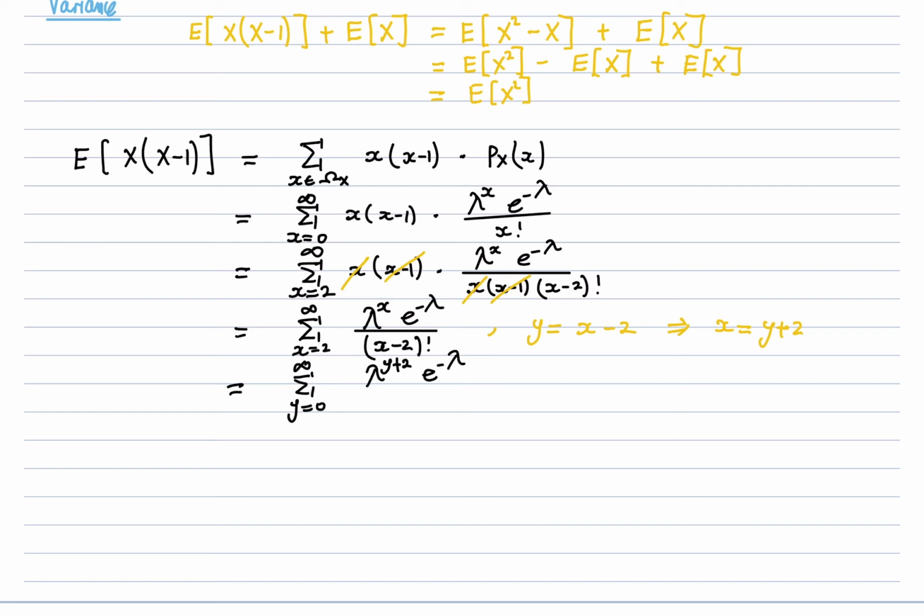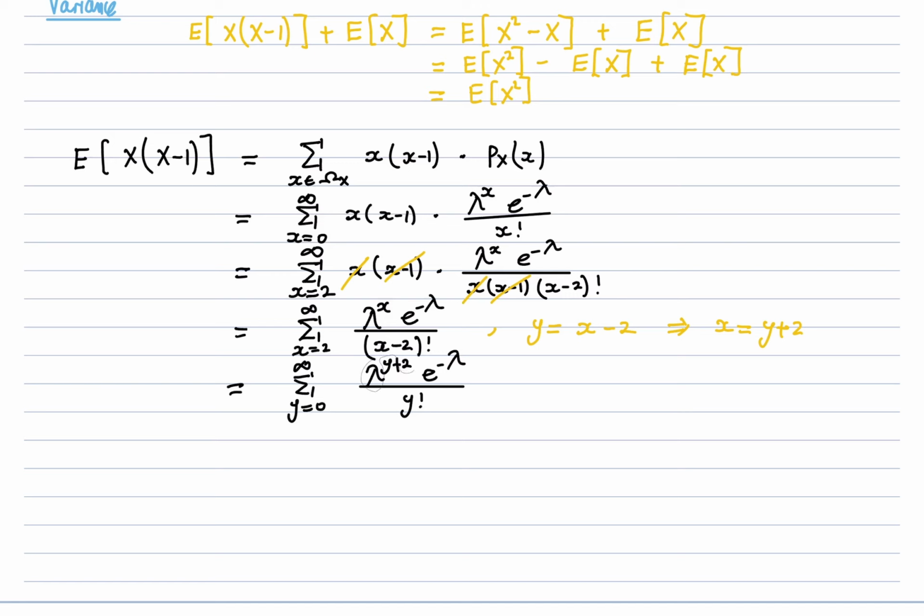Our e to the negative lambda doesn't change. And our x minus 2 factorial simply becomes y factorial. And in a similar vein to what we had before, we're almost at the stage where this looks like a PMF of a Poisson distribution.